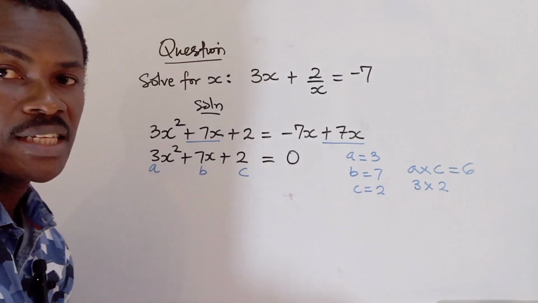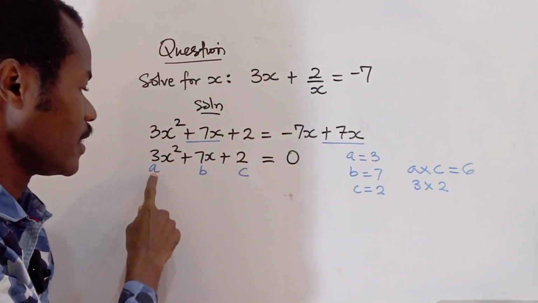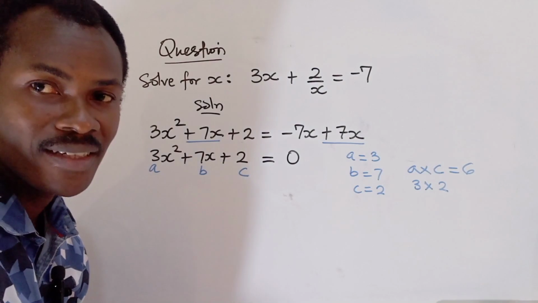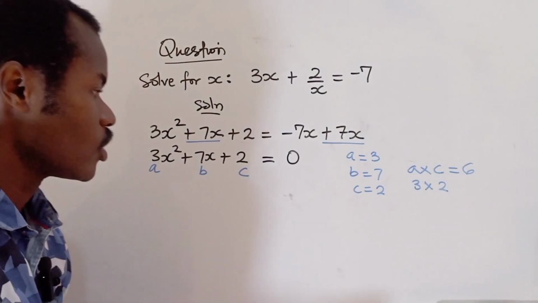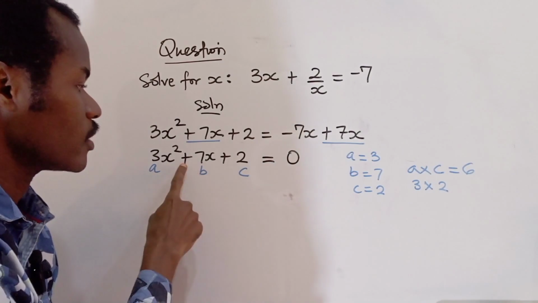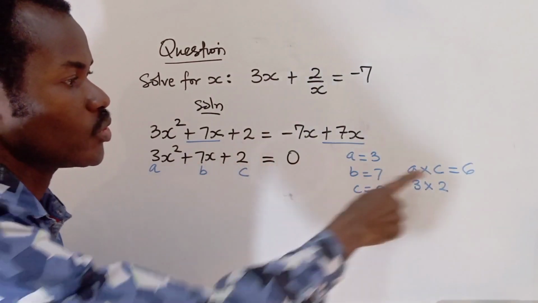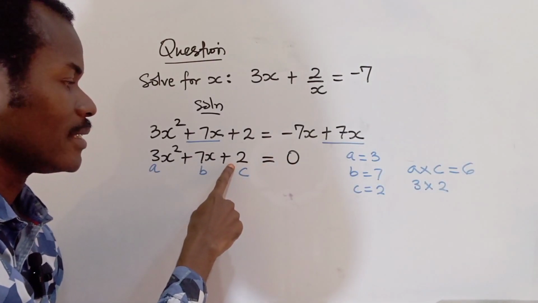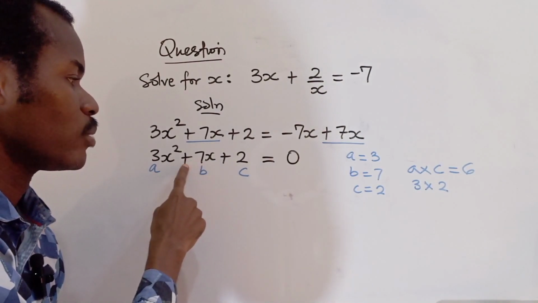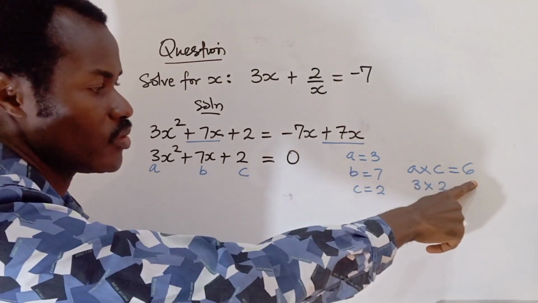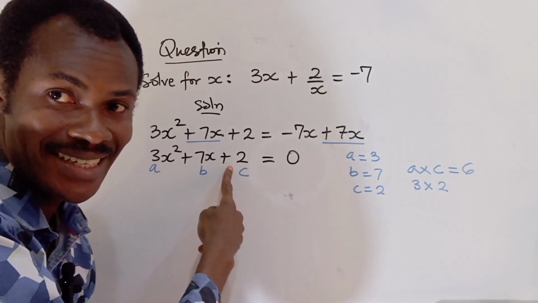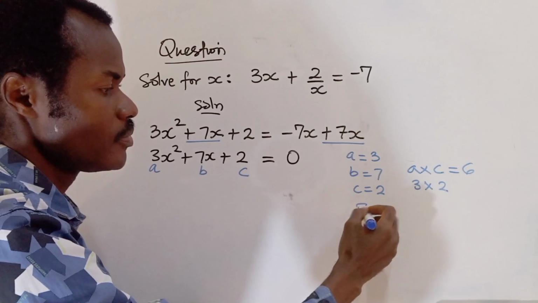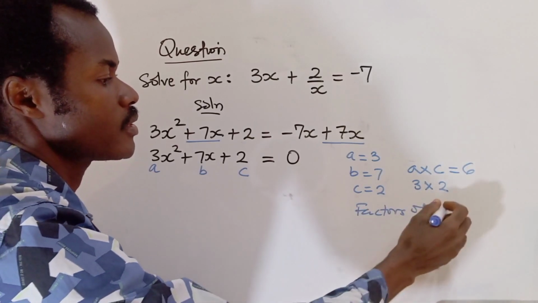And that will give us 6. Once you've gotten your A times C, which is 6, you can now find the two factors such that their sum will give us plus 7 and their product is going to give us 6, and not 2 in this case. So what are those factors of 6?